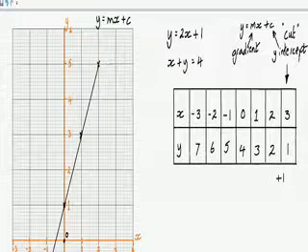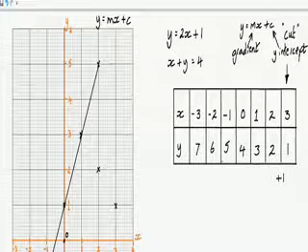So now I plot the points. Where x is 3, y is 1, where x is 2, y is 2, where x is 1, y is 3, where x is 0, y is 4, where x is minus 1, y is 5, where x is minus 2, y is 6.